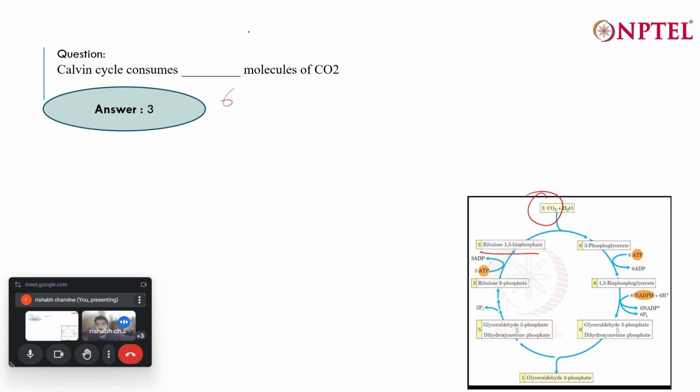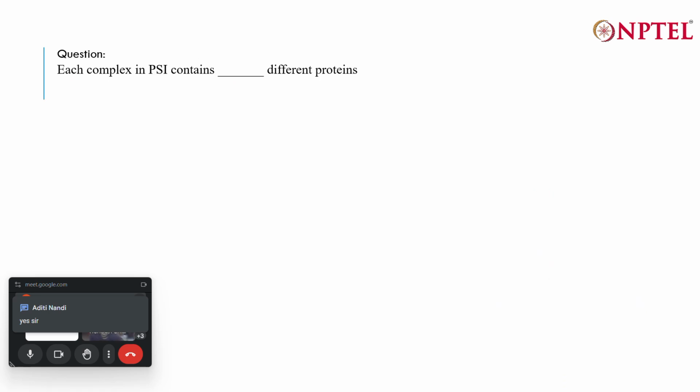So a total of 3 molecules of carbon dioxide are consumed in a single Calvin cycle, not 6. Is the explanation clear? So let's move on to the next question.